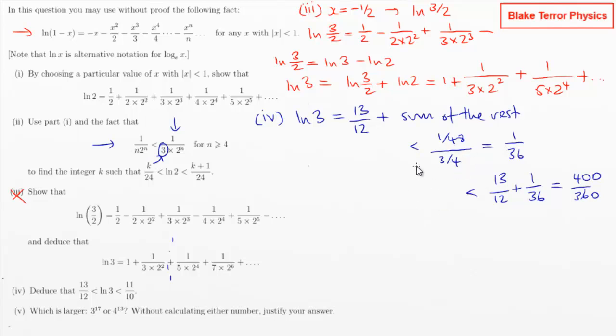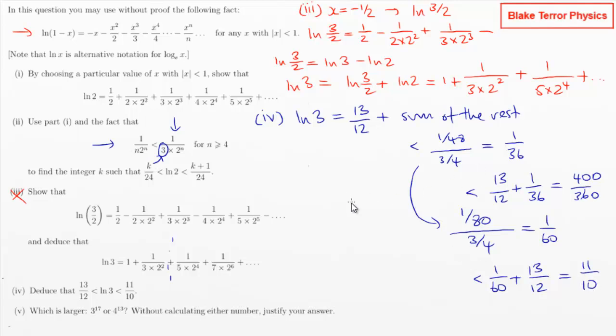So let's try this again and say we've got 1 over 80, and we've still got the 3/4. So that would be 1 over 60, and 1 over 60 plus 13 over 12. So multiply that by 5, 65, 66 over 60. So yeah, we get our 11 over 10.